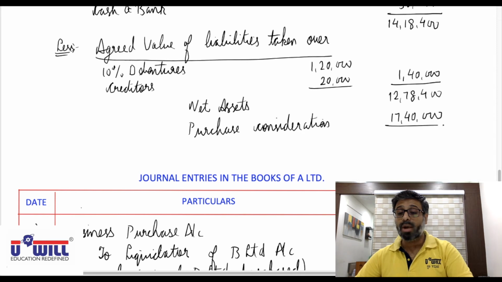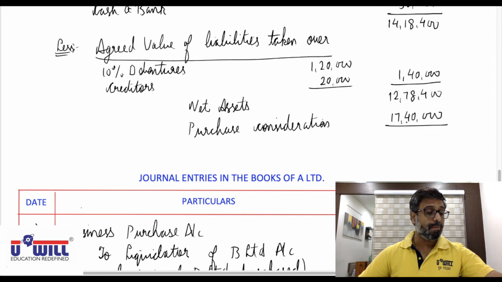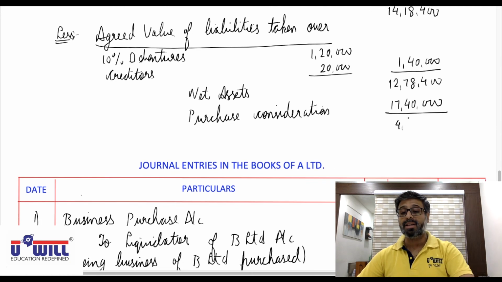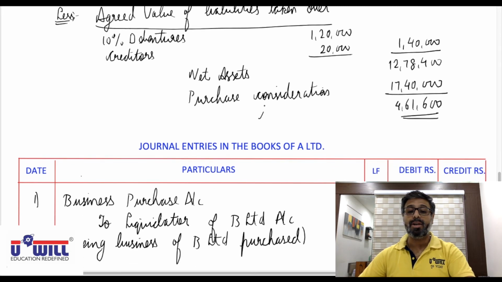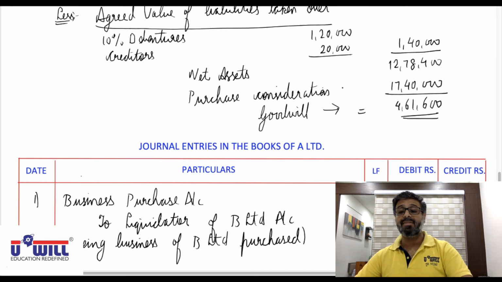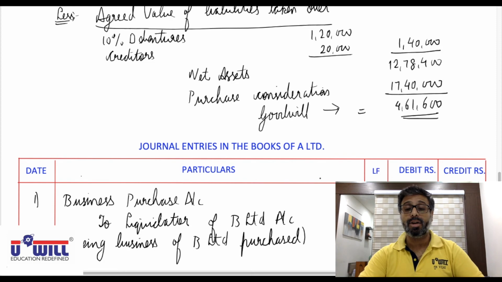If you compare with 17,40,000, how much more we are paying? 4,61,600 we are paying more. That we will debit to goodwill account. So what is goodwill? 4,61,600. Got it, everyone?